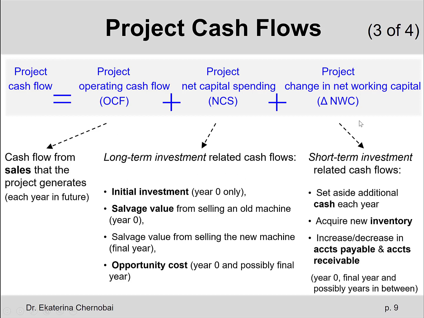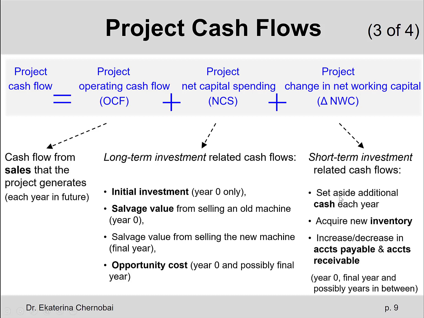a building, equipment. Net working capital, you can think of it as small things that we may need to use for the project, like short-term investment related cash flows, such as maybe we need to set aside a few $100s in cash, so we can always have it lying around, always there, always handy, that we can take the money out whenever something needs to be quickly repaired, right?